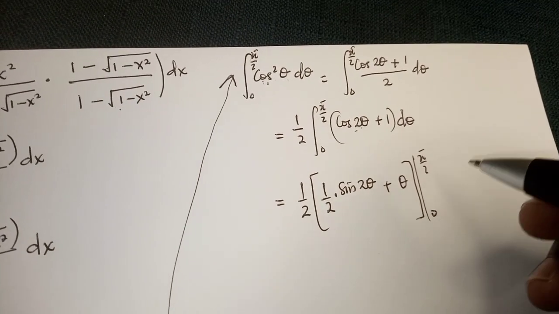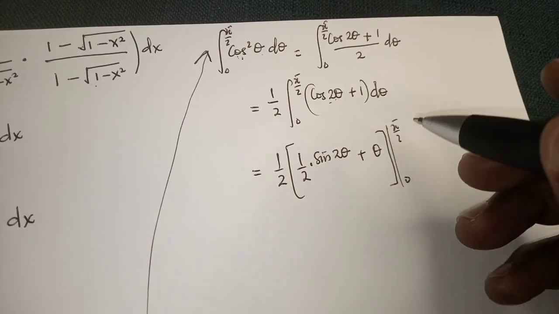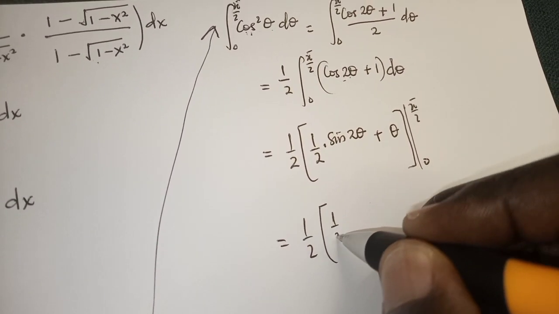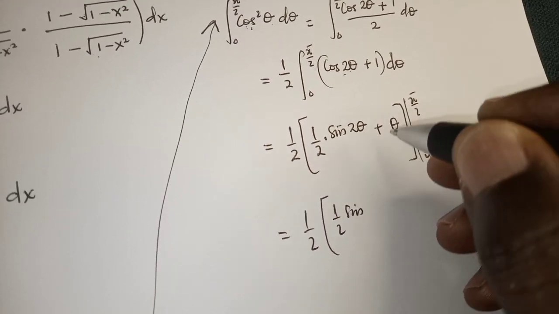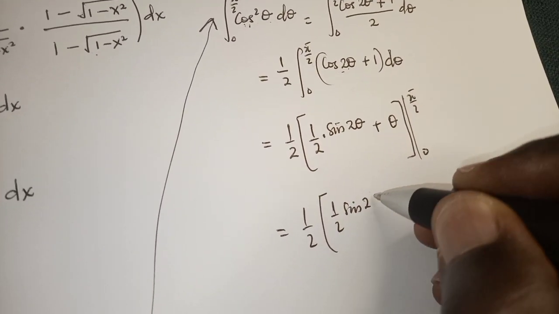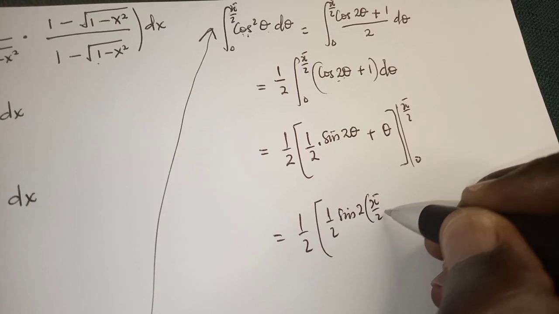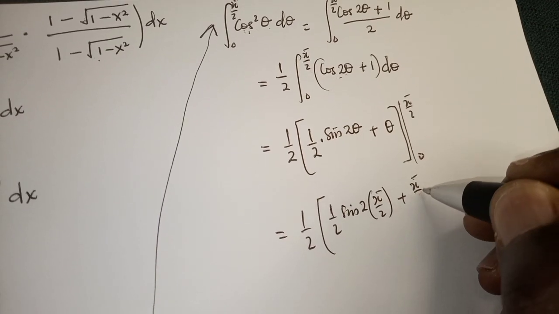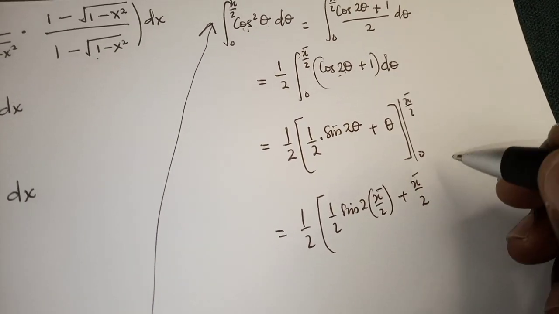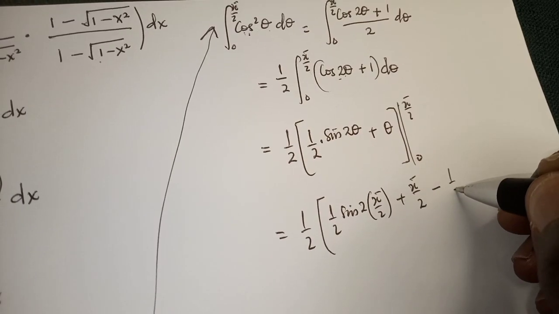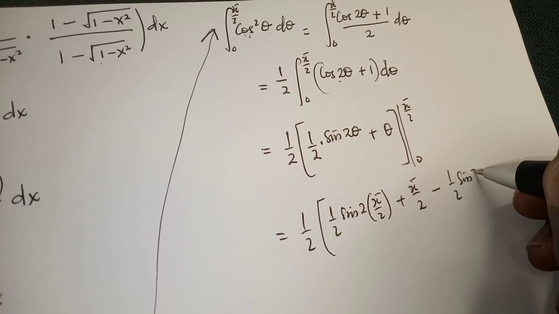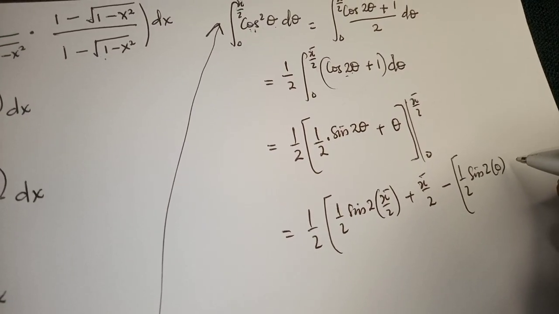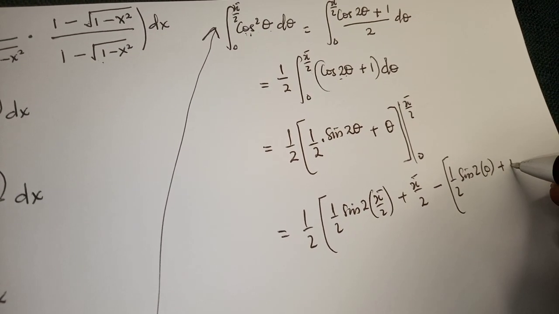Now we can do the substitution. When you substitute, you have half of sine 2 times pi on 2 plus pi on 2, then minus the same thing, half of sine 2 times 0 plus 0.